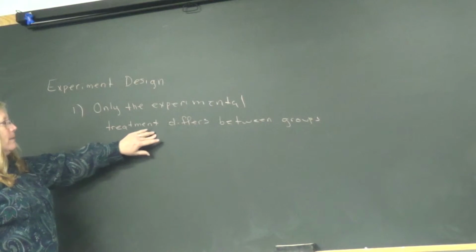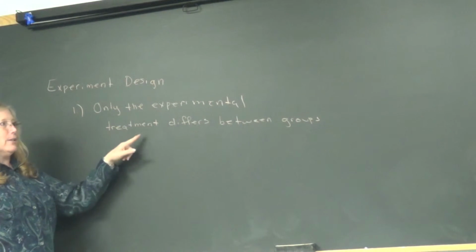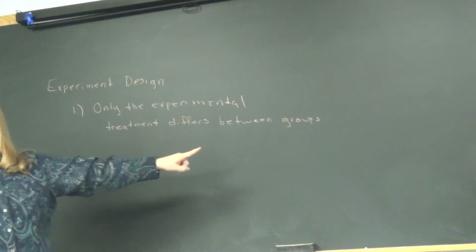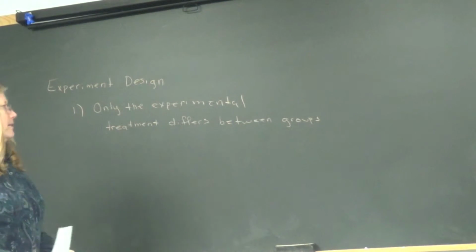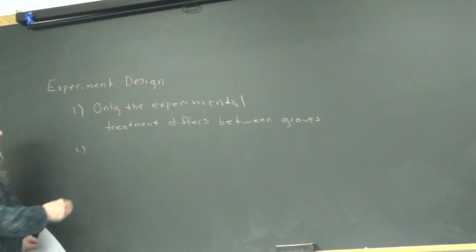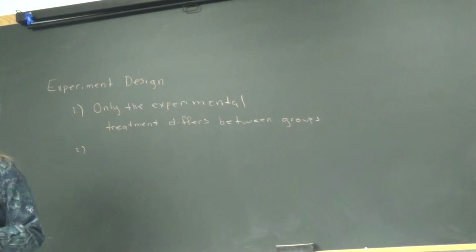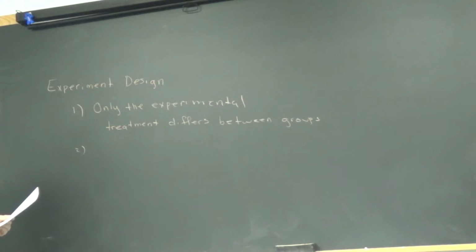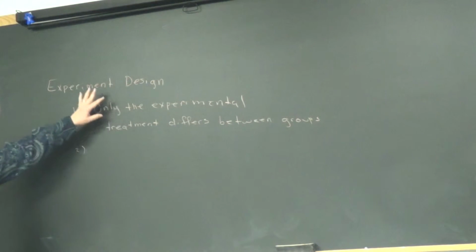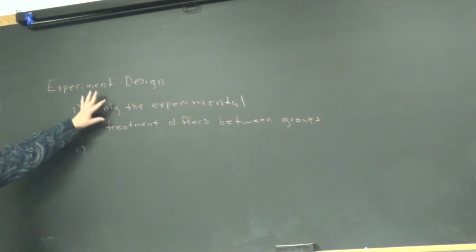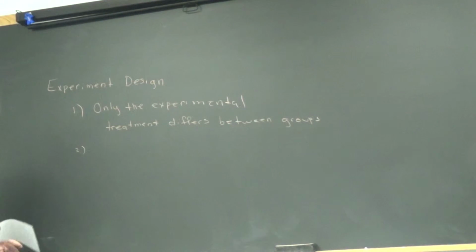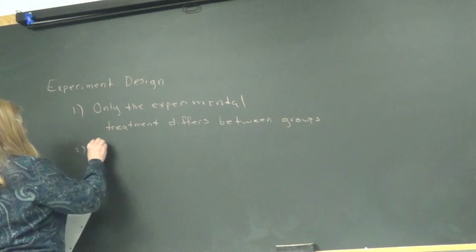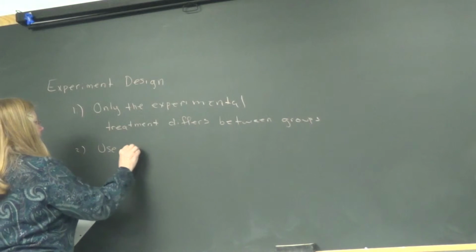In a good experiment, only the experimental treatment differs between the groups. So, we're going to read about 3 different experiments and see if that's true in each one, so you'll understand better. Other variables that are different between the groups will muddy the waters and you won't be able to make any conclusions. So, let's use random assignment to the groups.